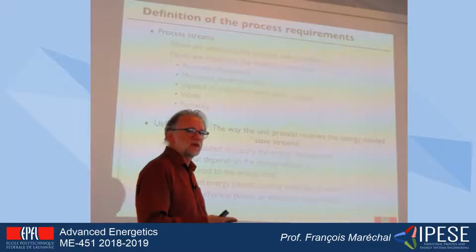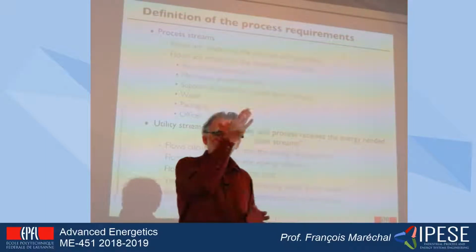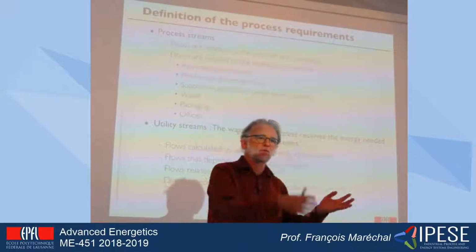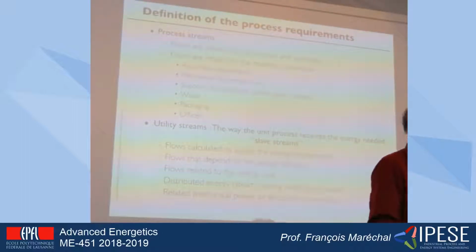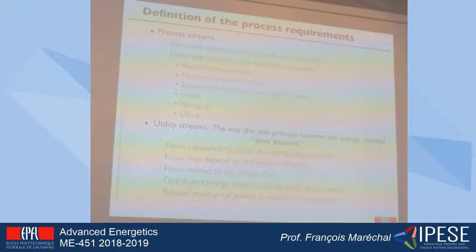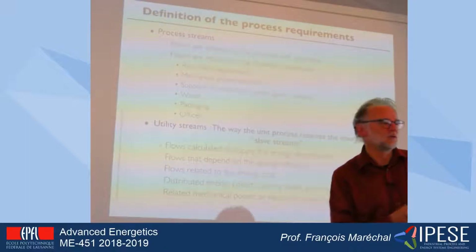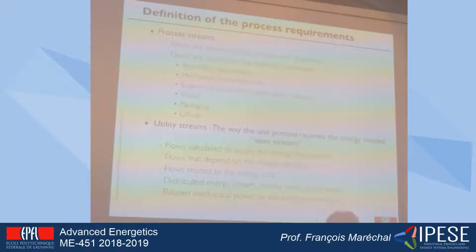There are the process flows, so the flow of water, the flow of malt, the flow of beer, and the associated or the slave flows, which is the flow of steam that is needed in order to heat the unit, and the flow of cooling water that is needed to cool down the flow. So the utilities, and those streams are named the utility streams.